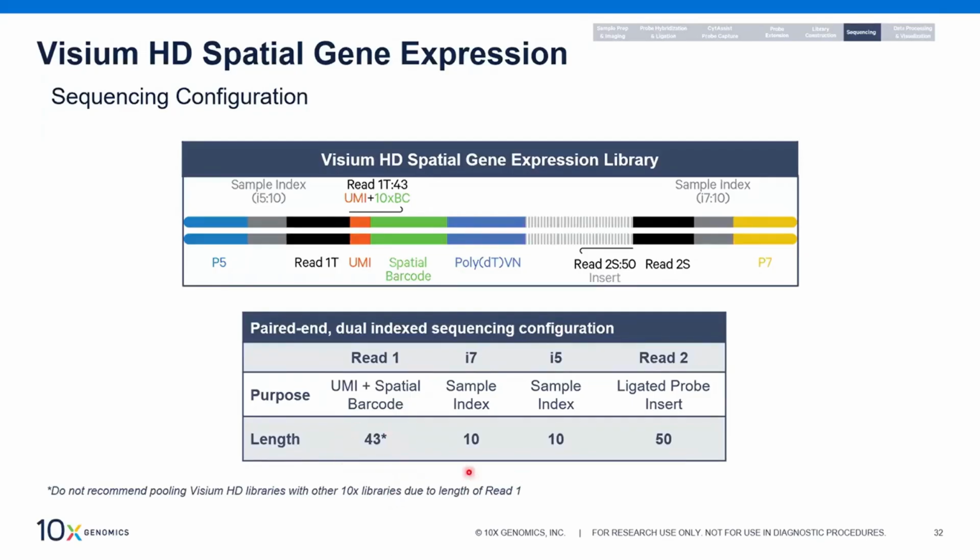So the pooling would be a little bit tricky. We have 10 base pairs length for the i7, 10 for the i5, and the read insert has the length of 50 base pairs. So this is the recommended sequencing configuration for your Visium HD libraries.